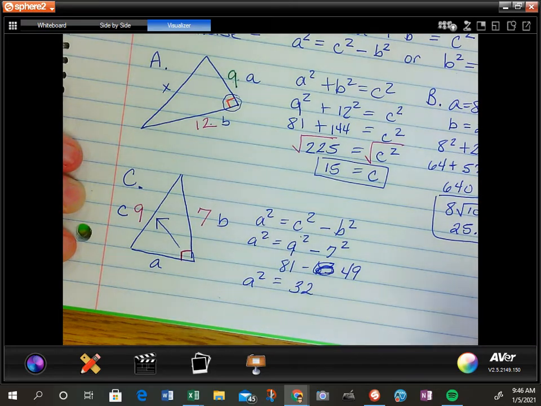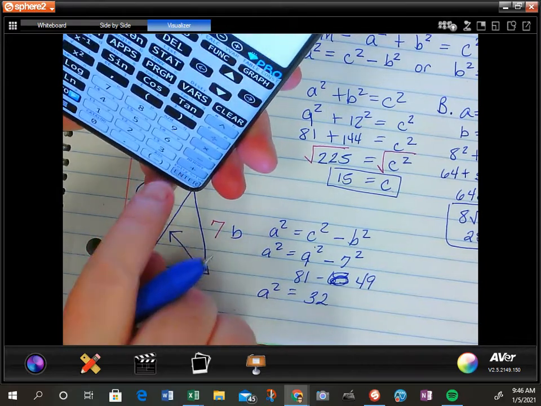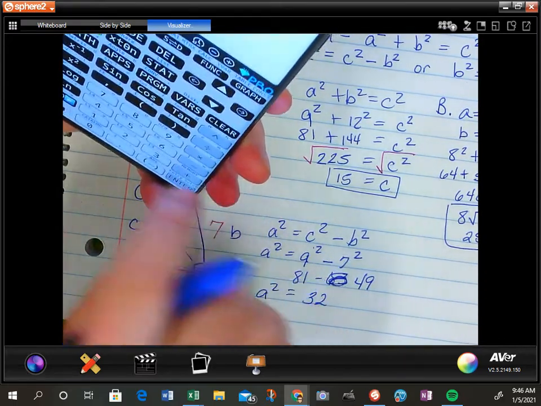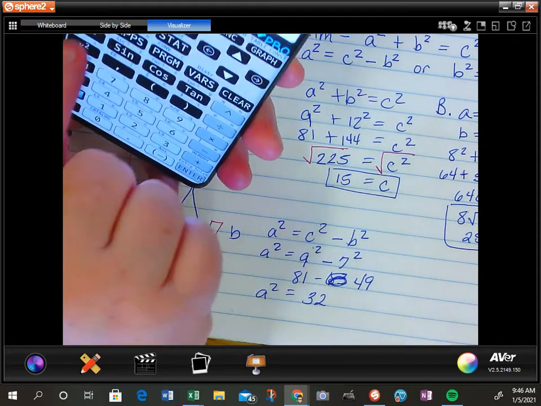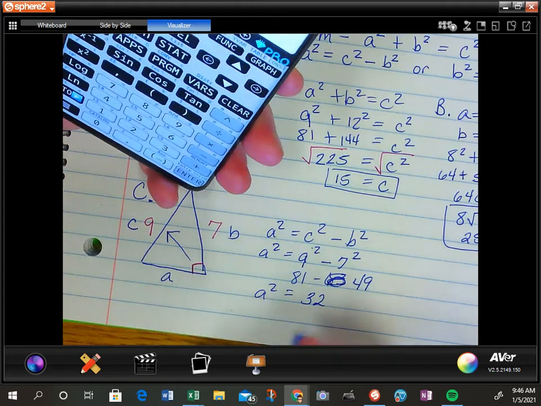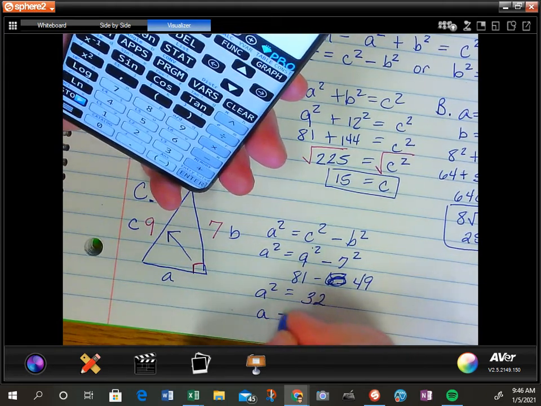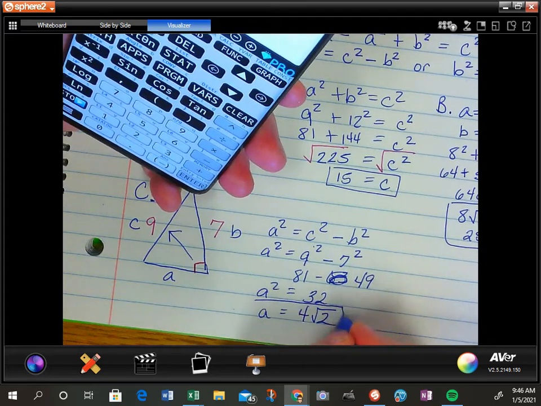And I'm going to use my calculator again. So second square root 32, enter, gives me 4 square roots of 2. And I'm going to leave it like that.